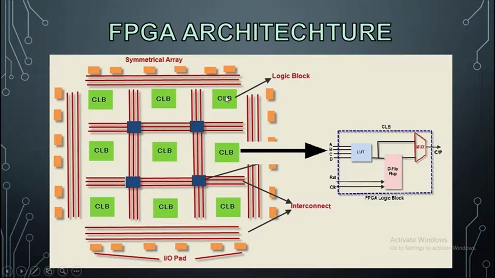This is the CLB. Before we understand the architecture of FPGA, let's start from the SPLD. An SPLD is nothing but simply a PLA, which is simply a plane of an AND array and an OR array.